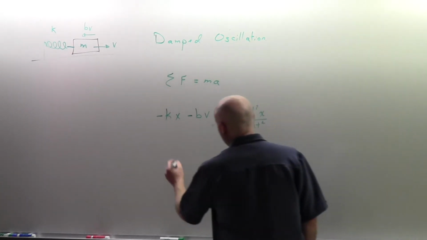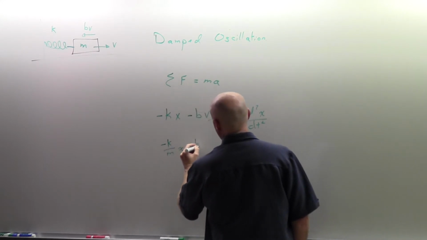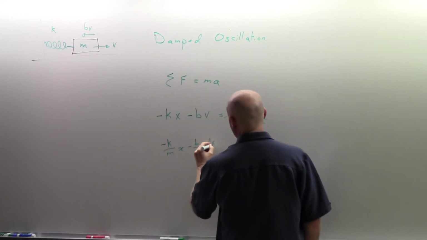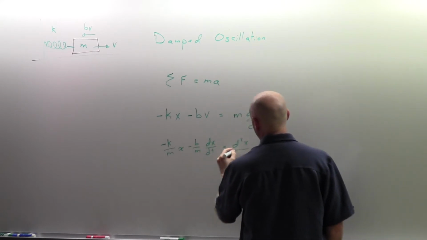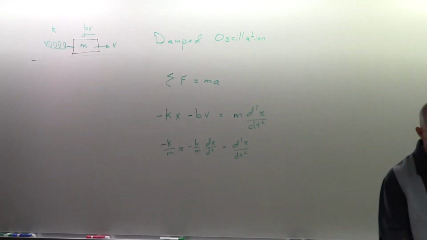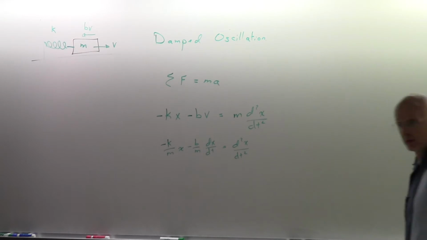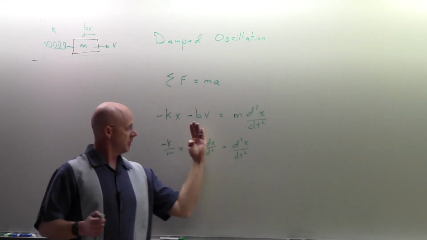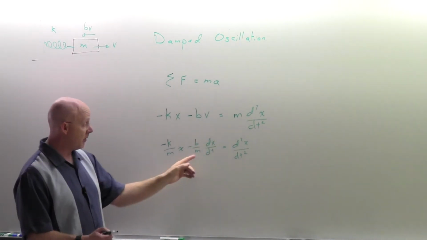Now, if we then write it like we saw before, except we now have an added term, we have an equation that makes sense. It's one step more complicated than what we saw before. In other words, what we saw before was really the special case where B equals 0, right? No resistive force. Now we've put it in there.